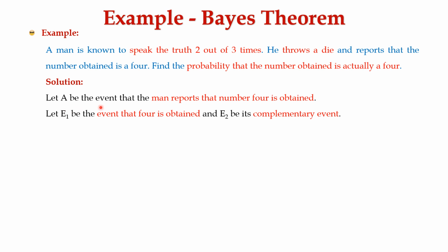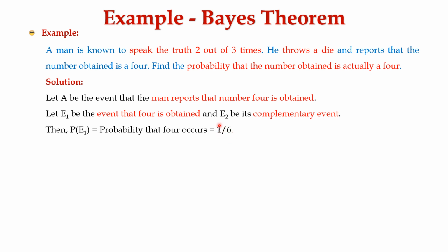Let A be the event that the man reports that number 4 is obtained. Let E1 be the event that 4 is obtained and E2 be its complementary event. Then probability of E1 is the probability that 4 occurs, that is the number of favorable events divided by the total number of occurrences.